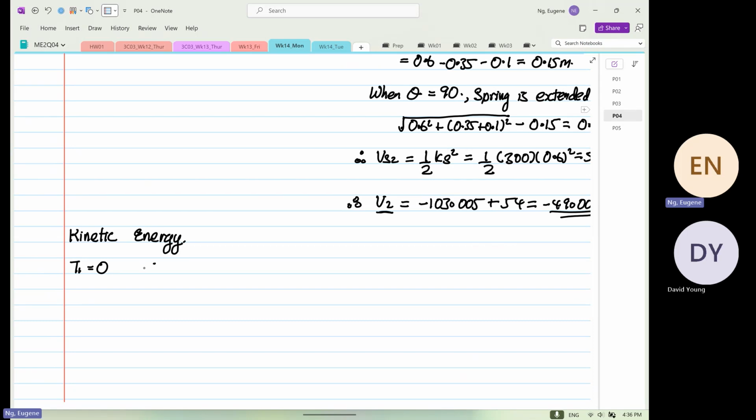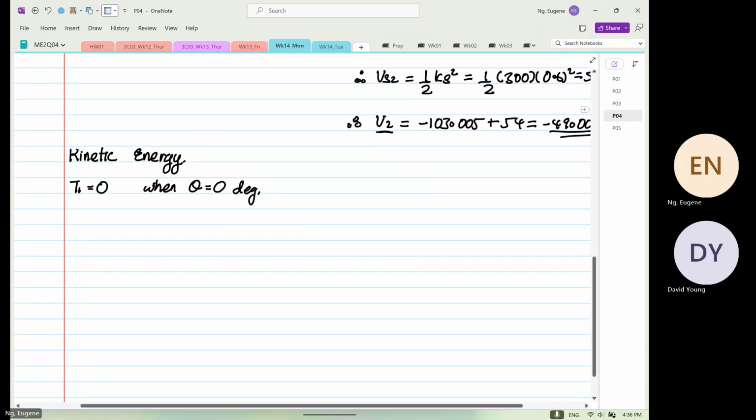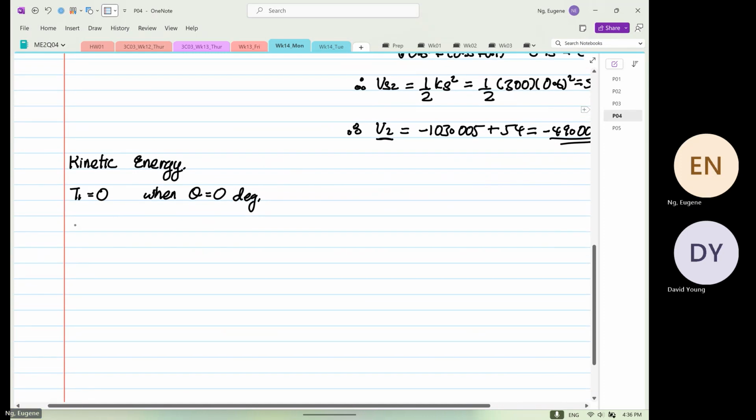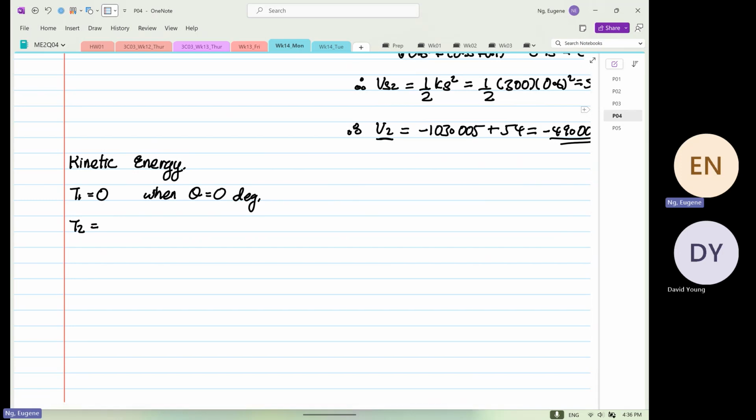For the kinetic energy, we know that T1, position number 1 when theta is equal to 0 degrees, is equal to 0. Then we're going to determine T2, when now theta is equal to 90 degrees.